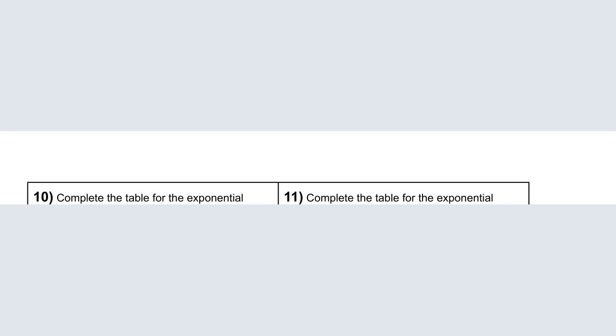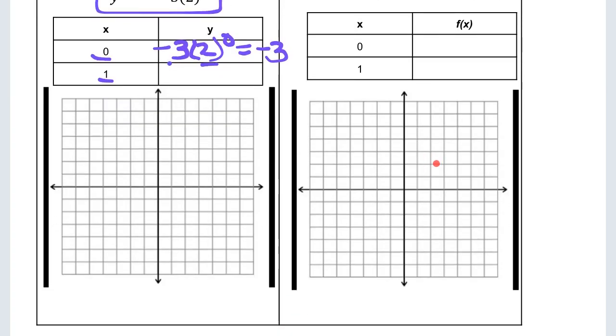Plotting a point at 0, -3 to start our formation of the graph. Next, we have a value of x is 1. So -3 times base 2 still, to the first power would be -6. 2 to the first power is 2, times -3 is -6.